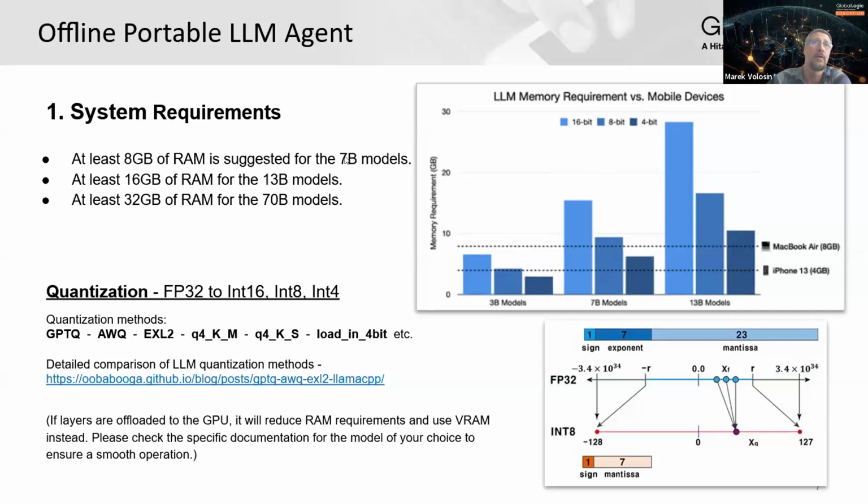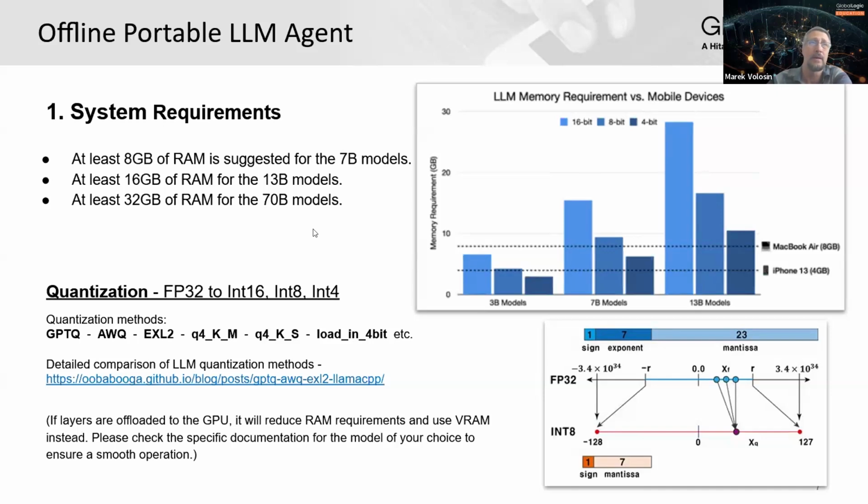Smaller versions of the same large language model can have only 7 billion parameters or 13 billion parameters, etc. So on a notebook we need to use only small versions of the language models. And the next thing is that we need to use quantization methods to make those language models much smaller.